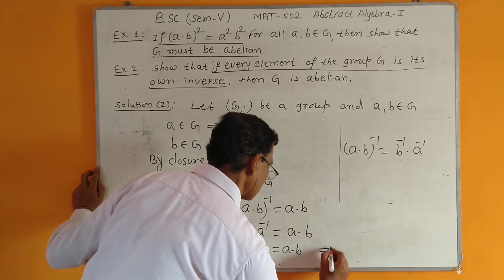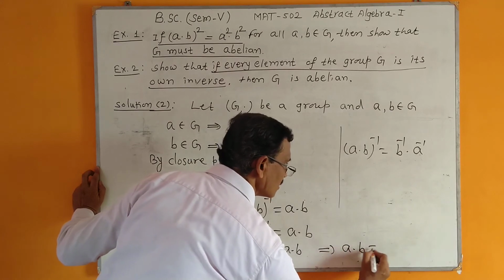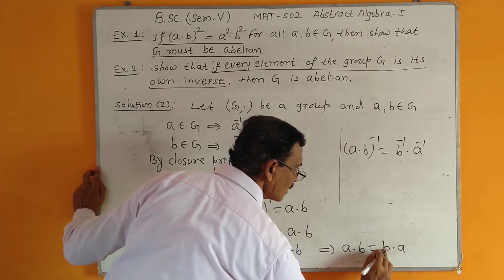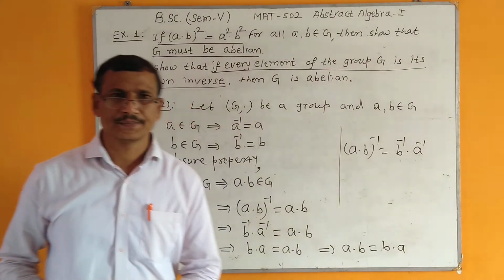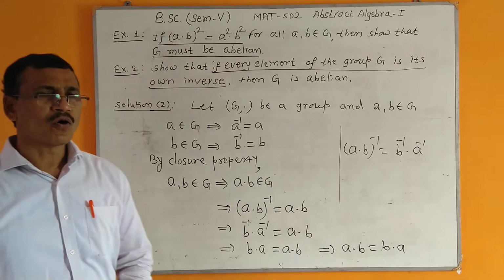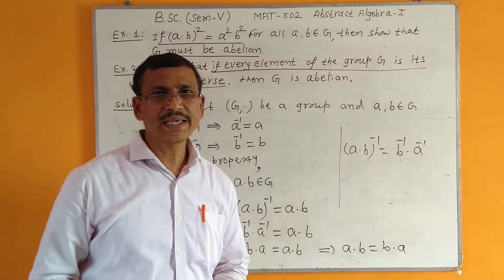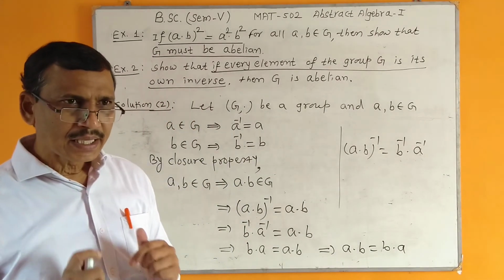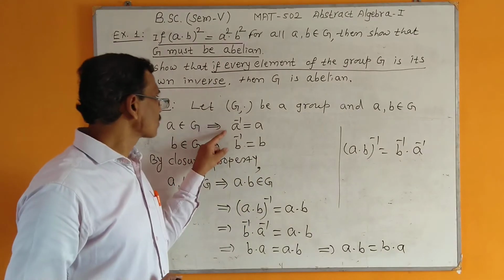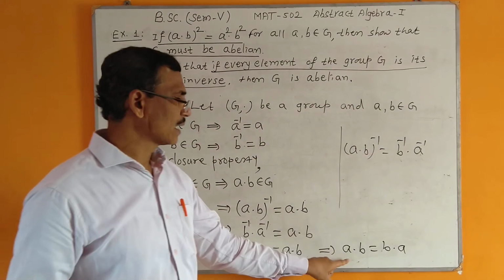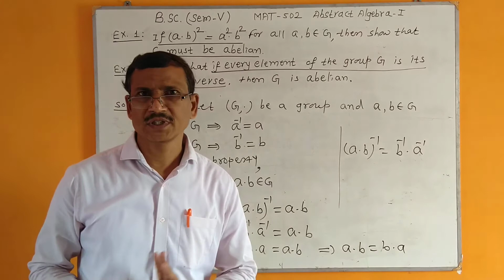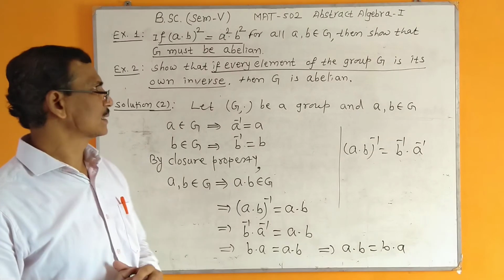It can be written as a·b equals b·a. That is the commutative property satisfied, and therefore the group G must be abelian. If every element is its own inverse, then the group G is abelian. This is the solution of the second problem.